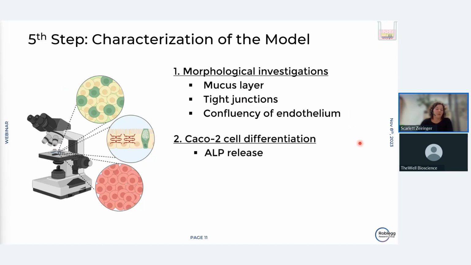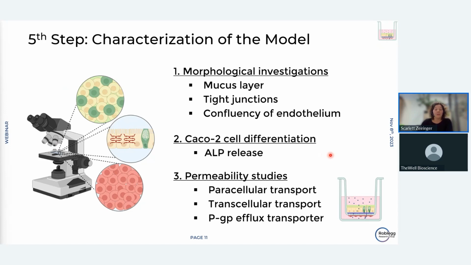In addition to the morphological investigations, the cell differentiation of Caco-2 cells in this model was tested. Therefore, the release of the brush border enzyme alkaline phosphatase was determined. When this enzyme is brought into contact with nitrophenyl phosphate, hydrolysis occurs, which can be detected at 405 nanometers by absorbance measurements.